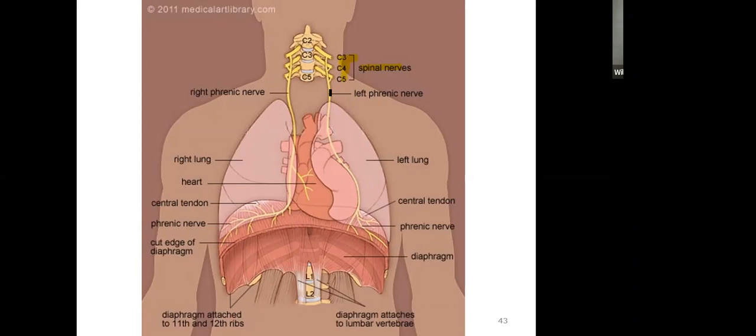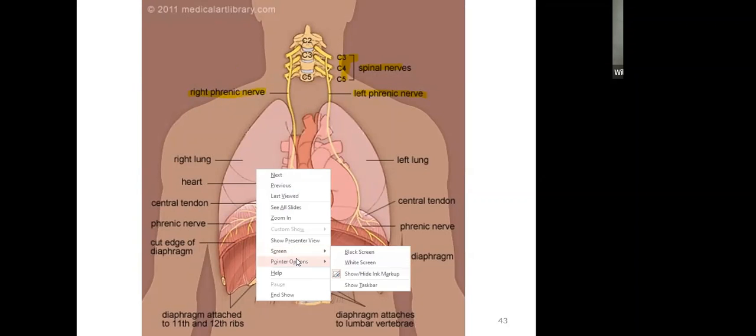So this is our left phrenic nerve coming down. Left phrenic nerve is going to supply the left side of the diaphragm. The right phrenic nerve, C3, 4, 5, keeps the diaphragm alive, coming down to supply our right side of the diaphragm.